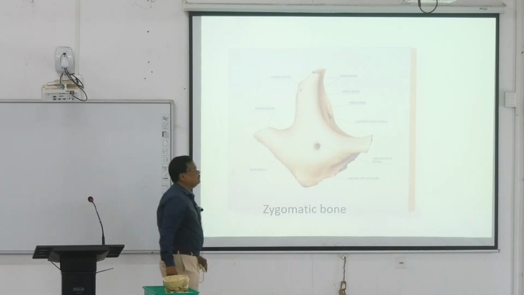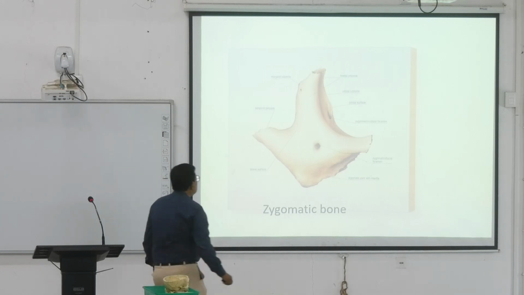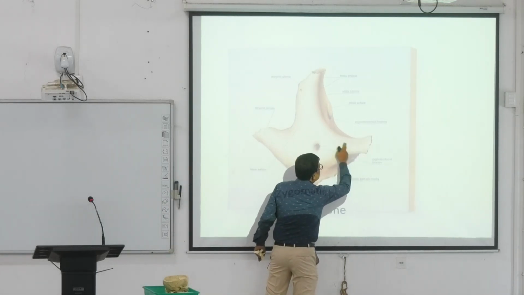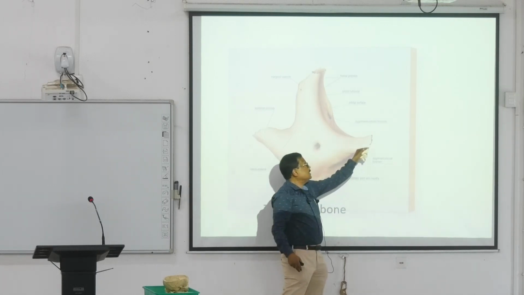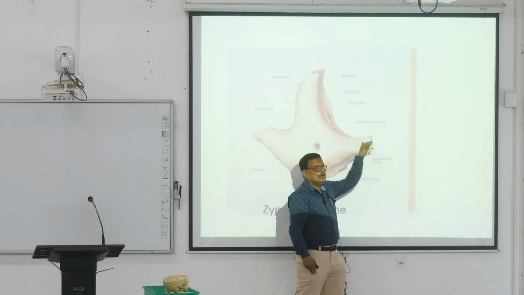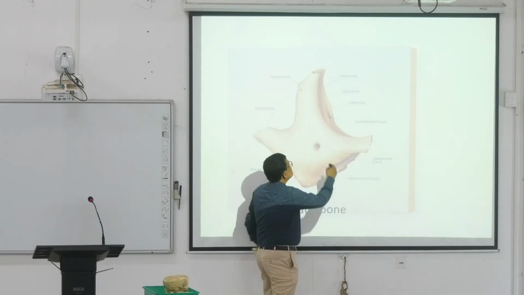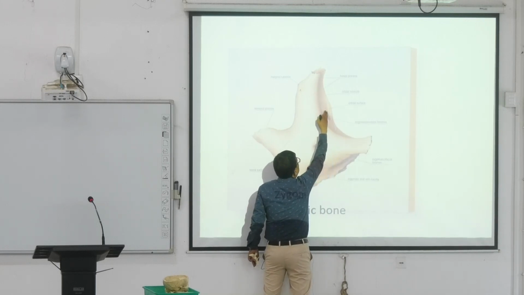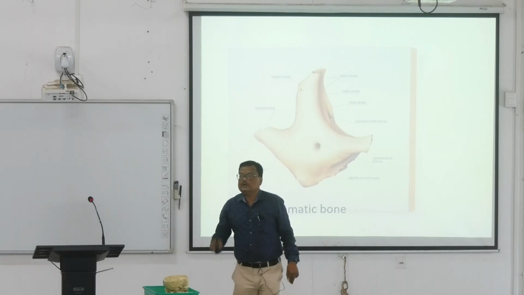This is the zygomatic bone. Zygomatic bone has got a body, and this is the maxillary process which joins with the zygomatic process of the maxillary bone. Already I have told you this is the zygomatic arch. And this is the orbital process and this is the orbital surface, part of the boundary of the orbit.